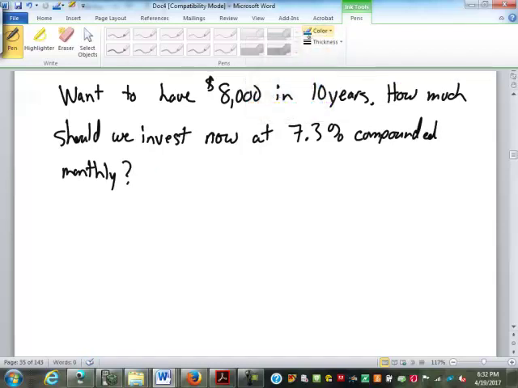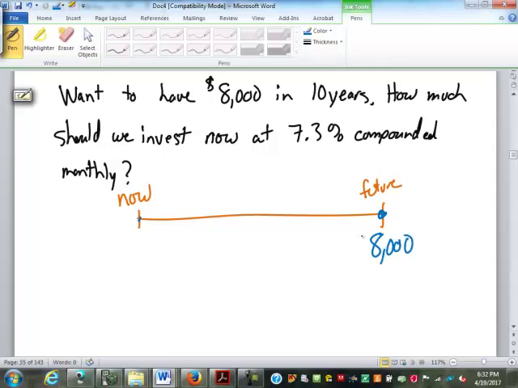Now in this case, if we look at our timeline, do we know how much money we have right now? No. We know how much money we want to have in the future. The $8,000 is in the future.